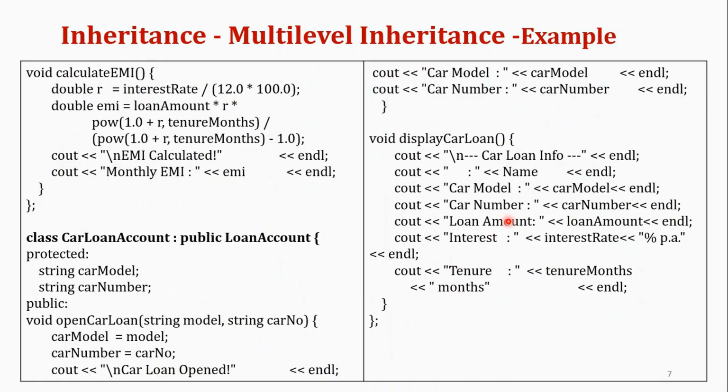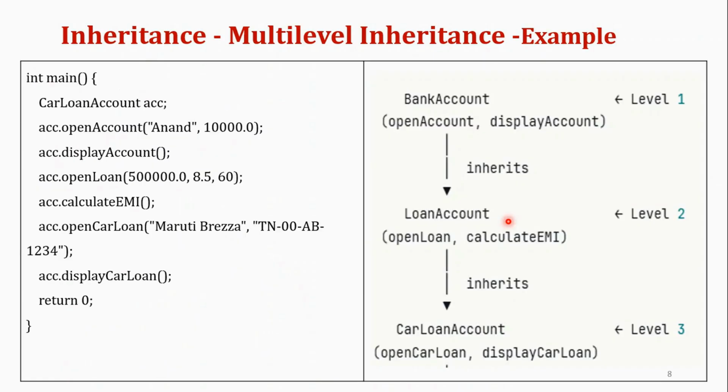Before that, we'll see the class diagram. Bank account is the base class which is inherited to the loan account, and loan account is inherited to the car loan account. So bank account to loan account to car loan account. This is multi-level inheritance.